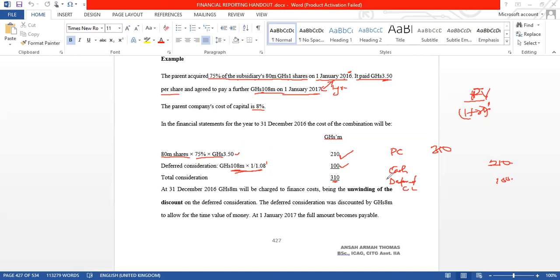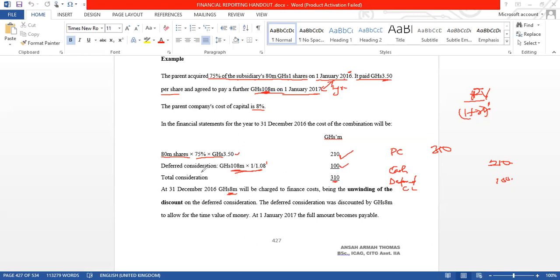Then at the end of the year, I always ask students, if you PV an amount like this, what has happened to the 8? Has it vanished? You need to unwind it, all right? Because it is 1 year, the 8 million on it will now be the unwinding discount on the deferred consideration. So what do you do with this unwinding? You have to debit your finance cost.